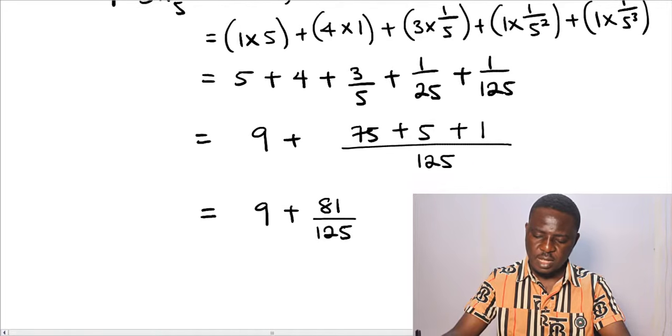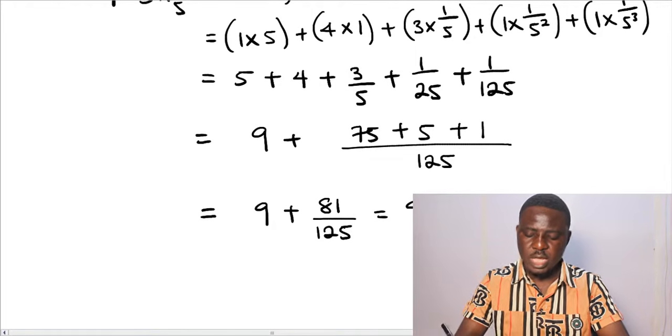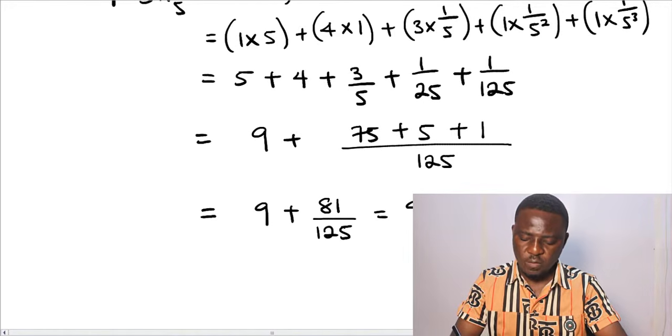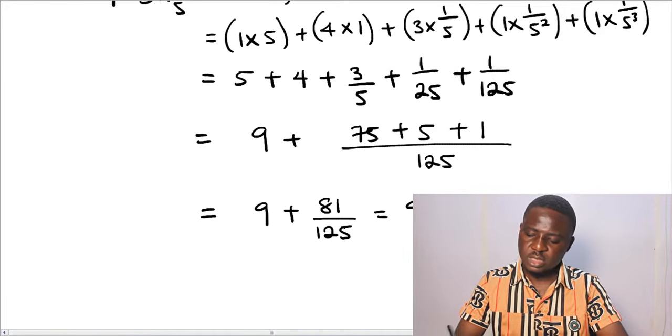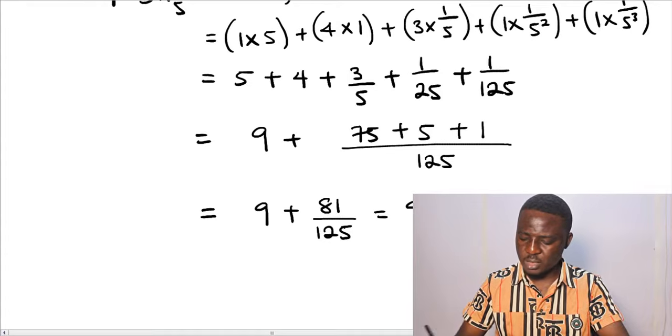125. And this is equal to 9 plus 81 divided by 125. I'm going to use my calculator to get the value.